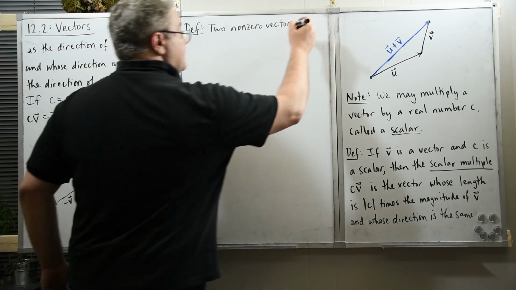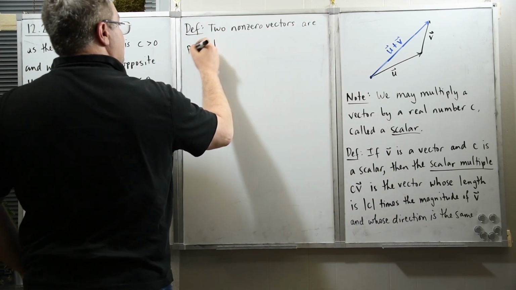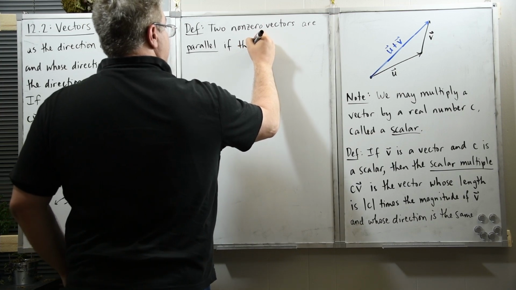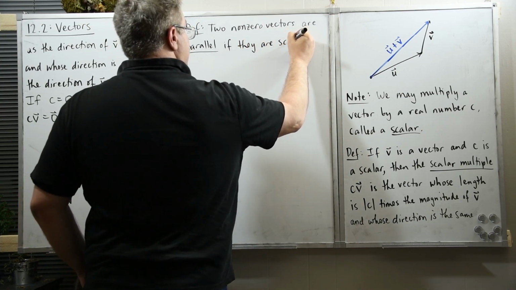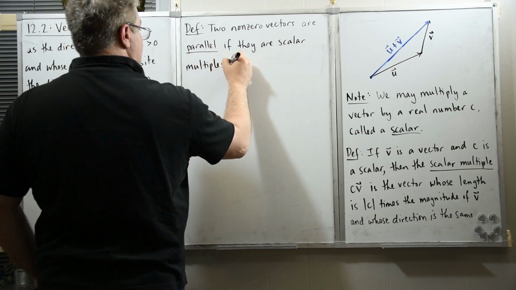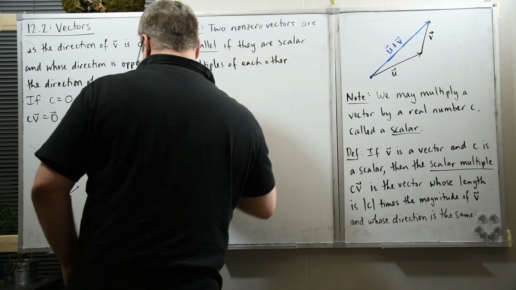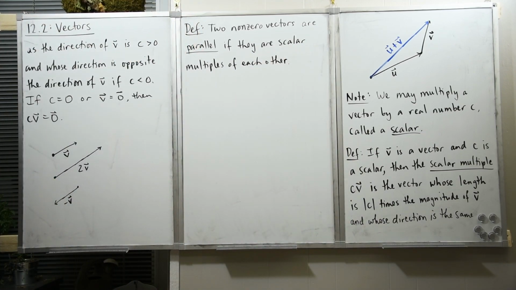We say that these are parallel if they are scalar multiples of each other. Now, if the vectors are both non-zero and they're scalar multiples of each other, then that means that they either point in the same direction or they point in opposite directions.